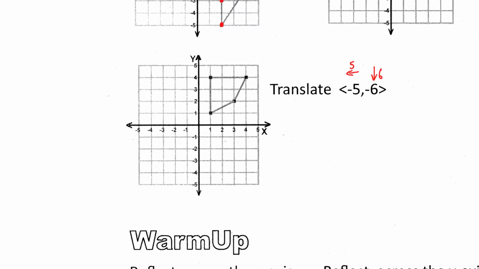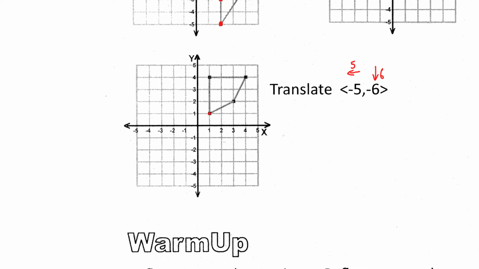All right, so that's going to happen to every point. On this one, I'm going to go 1, 2, 3, 4, 5, and then down 1, 2, 3, 4, 5, 6. This point right here, I'm going to go 1, 2, 3, 4, 5 left, and then down 1, 2, 3, 4, 5, 6.